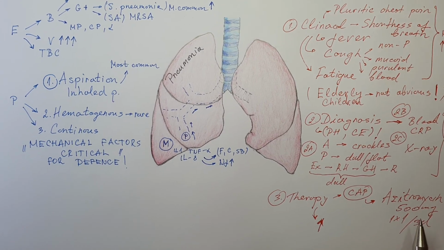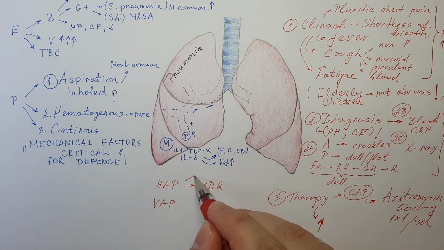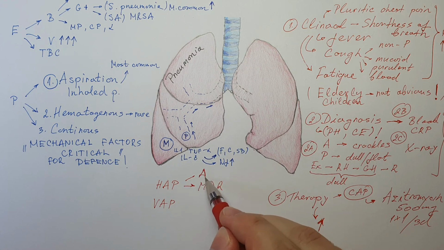When it comes, only briefly, to hospital-acquired pneumonias and ventilator-acquired pneumonias, hospital-acquired pneumonias are most of the time caused by multi-drug resistant pathogens and also anaerobic pathogens.